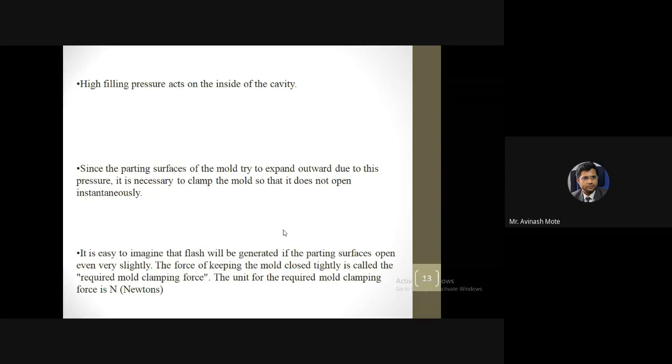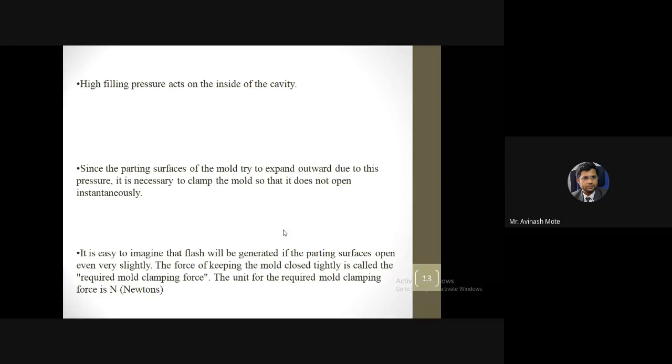The higher pressure acts mostly on this parting surface, so there is a small opening at the parting surface, because the gap is actually there. This material will try to escape from that opening, so we have to apply the clamping force there so that it closes tightly and the material should not escape from this opening.